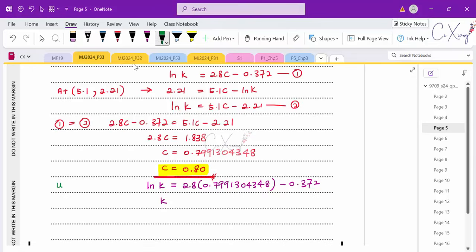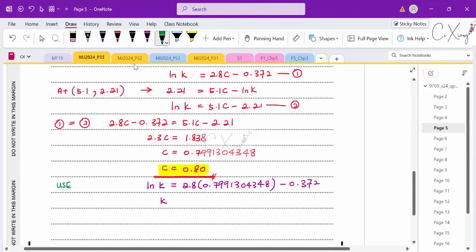So what's the concept that we use here? Basically, it's like this. When you have ln A equals x, if you want to bring the ln over, it is base e. So you will have A equals e to the power x. Okay, so the same thing happens here. I have ln k. If I want to bring the ln over, it will become e to the power of the number on the right. So the number on the right is a very long value as well.